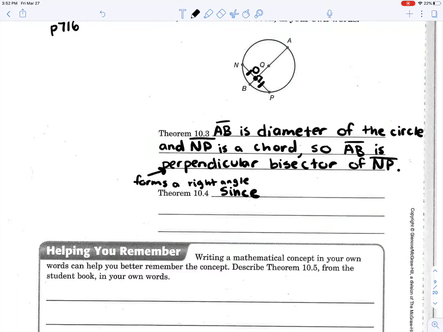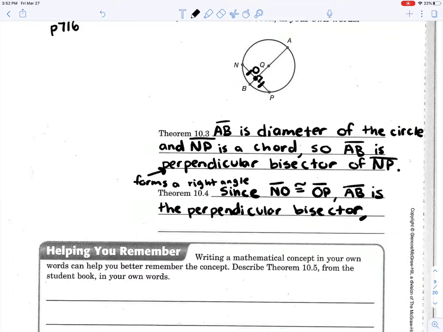So now I'm going to say, since the two pieces that are bisected, NO is congruent to OP, AB is the perpendicular bisector, then I can say that that means AB has to be the diameter of the circle.